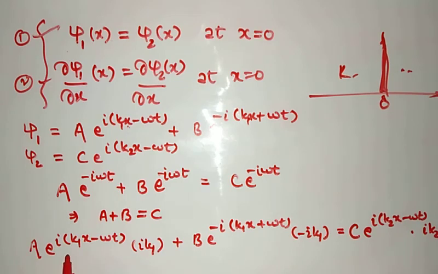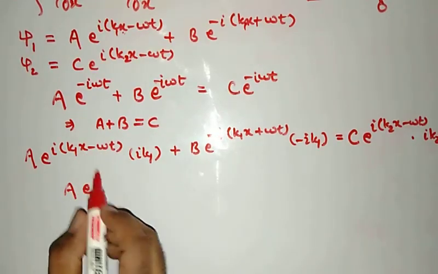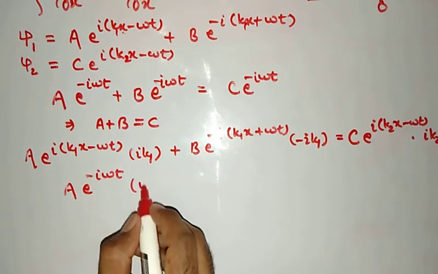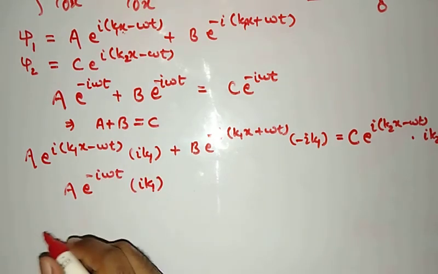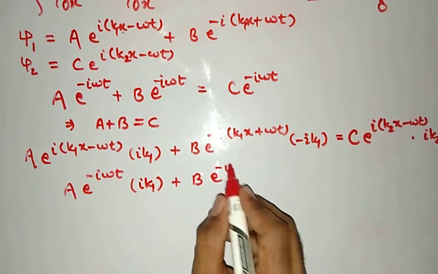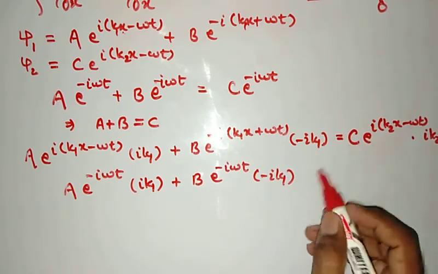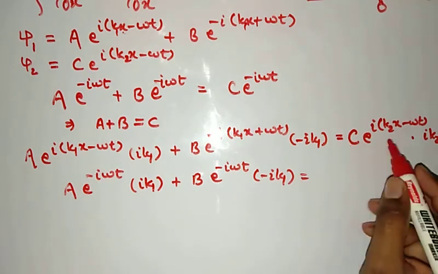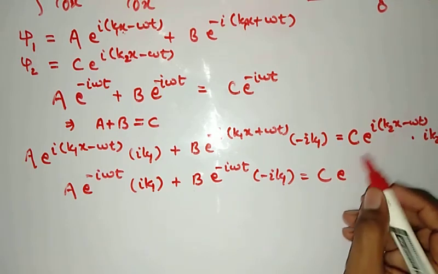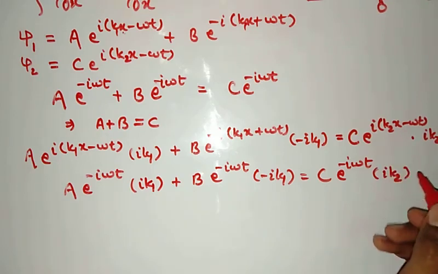to the power minus i omega t times i k1, here B times minus i k1, for this is C e to the power minus i omega t times i k2.